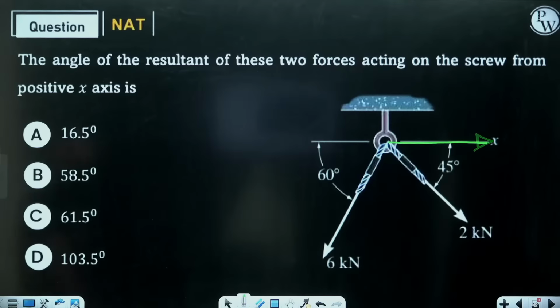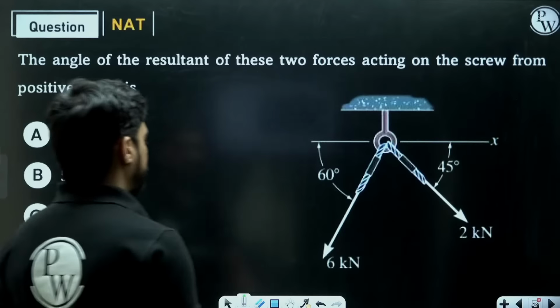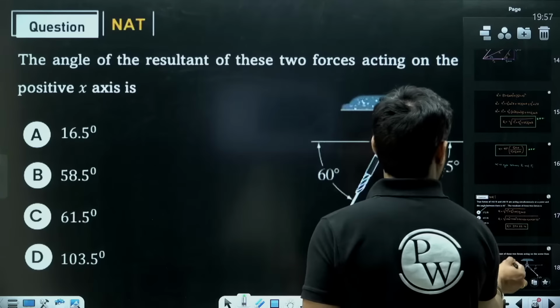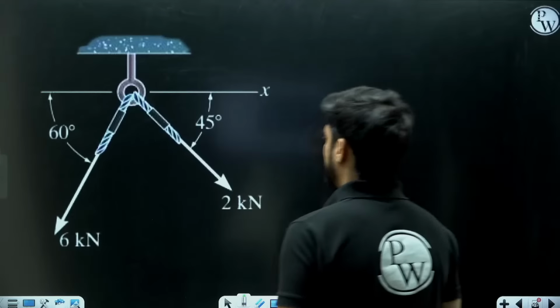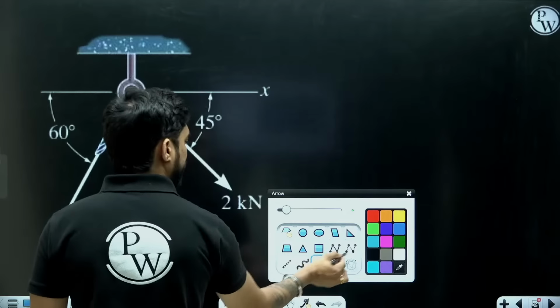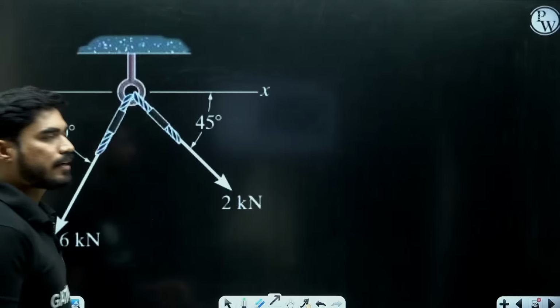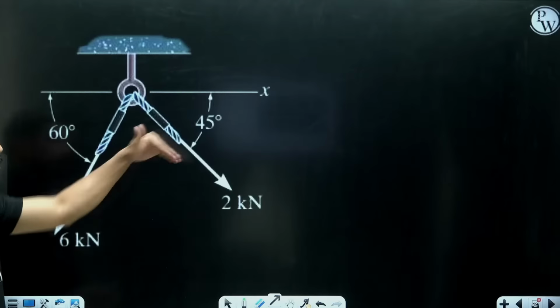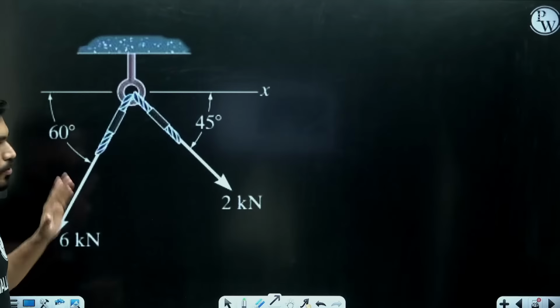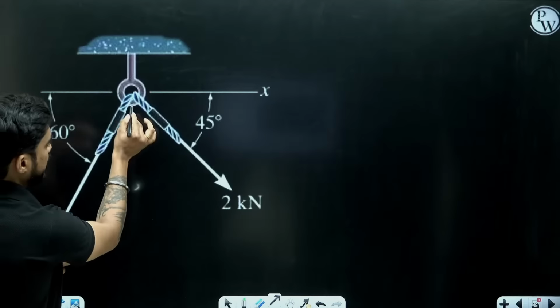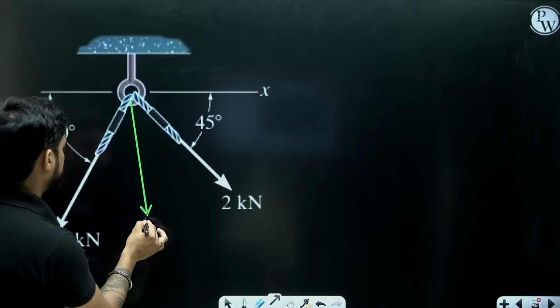Now what we are going to do is use our formula, and when we use our formula, we will get the angle between the resultant and one of these forces. The resultant of these two forces will be somewhere like this.